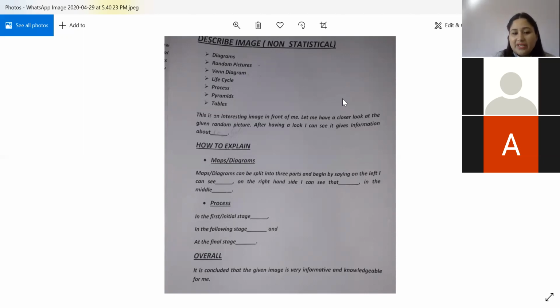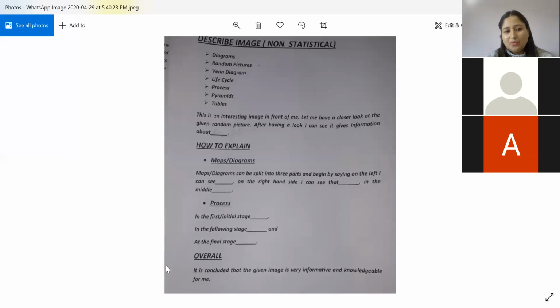If this is a process, then the first stage of the process, the initial stage, the following stage, the next stage, and then the final stage. If it's a flow chart, or a pyramid having different stages in it, then overall, it is concluded that the given image is very informative and knowledgeable for me, right? So this is the last sentence you speak for these images.